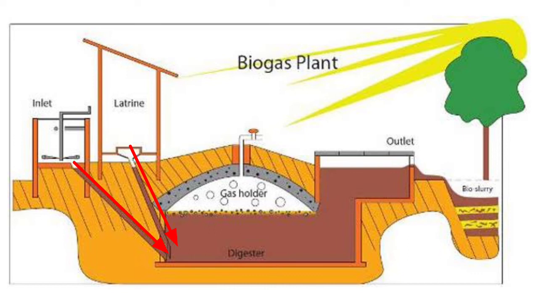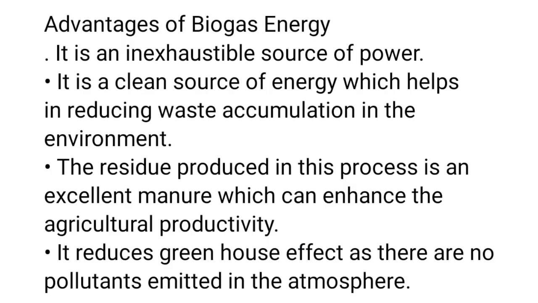In this diagram we can see the human excreta and so on move to the digester tank, and when they start decomposing, the gas is held by the tank, and an outlet pipe at the top allows the gas to be used directly for cooking and lighting. The remaining residue, the slurry, goes to the outlet and can be utilized in farming as manure.